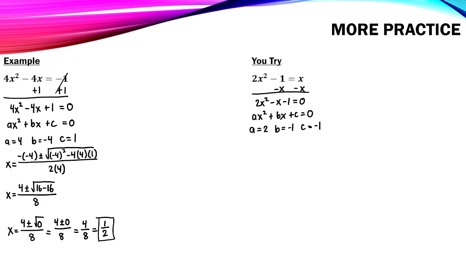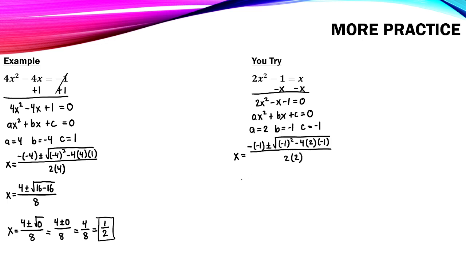Once I know all of those, we're just going to plug into our formula. So remember, x is equal to negative b, but our b is negative 1, plus minus square root of b squared. B is negative 1 again, so we get negative 1 squared, minus 4 times a, which is 2, times c, which is negative 1. And all of this is divided by 2 times a, which is 2.